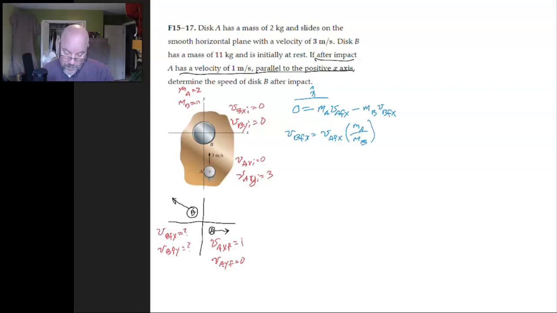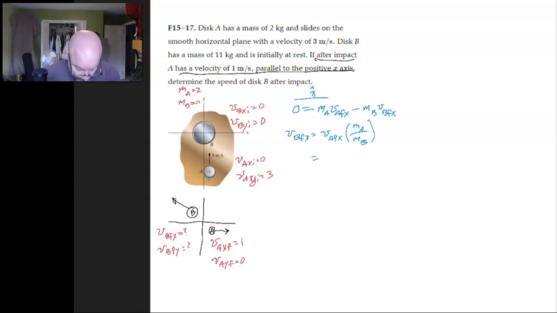And in momentum problems, we see ratios like this all the time. I want to encourage you to do your algebra this way so you can visualize those ratios and get a better sense for what's happening in the scenario. Throw some numbers in here.